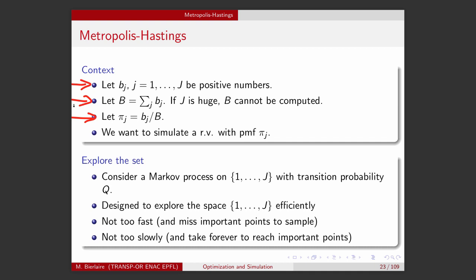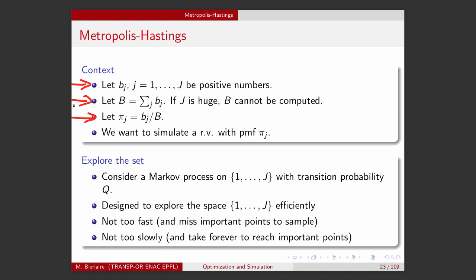The main ingredient that we will use is a Markov chain that the user has to design in order to explore the state space. This Markov chain, this Markov process, has to be designed in such a way that we will explore the space in a rather efficient way. What does it mean, efficient?